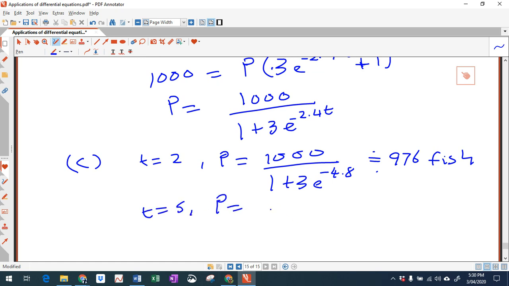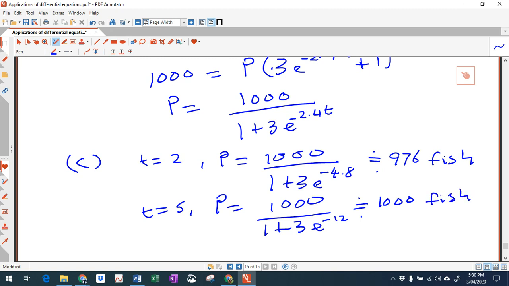P equals 1000 divided by 1 plus 3E. Now, minus 2.4 times 5 is minus 12. Put that into your calculator and you should get approximately 1,000 fish. It's 999.98. So let's just say about 1,000 fish.